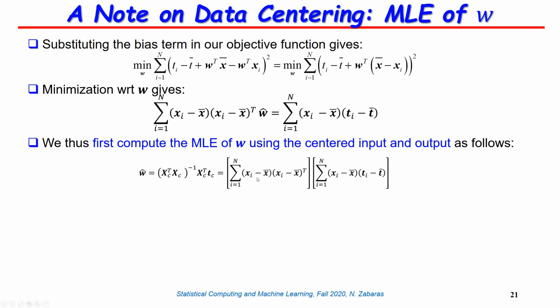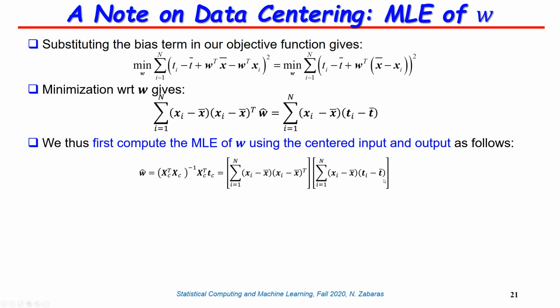design matrix, which effectively means that I have subtracted from every column of that design matrix the mean component, okay? And you can see I have done the same thing with the targets. From every target value Ti, I subtracted the mean value.